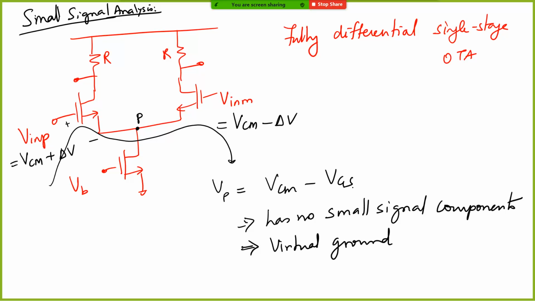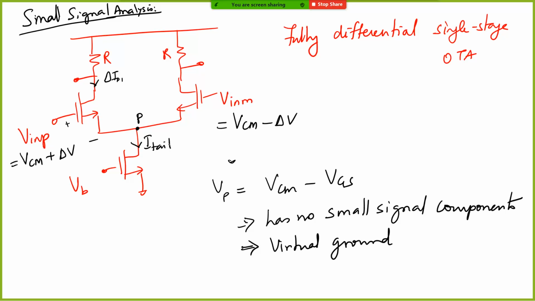All right. Now, if you see this, what will be the current flowing through here? ID1, or rather the delta ID1. When delta V is 0, half of I tail will flow on each branch equally, if you call this I tail.